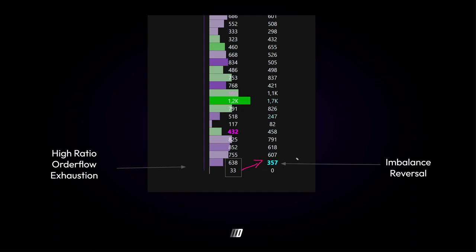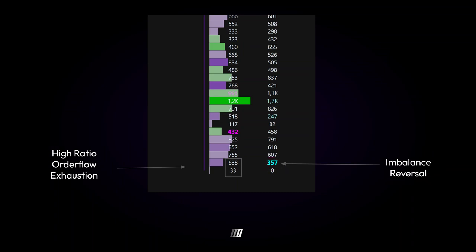This is a clear sign of rejection, of both dry up in sell activity and huge strength from buyers. So you have a high ratio order flow exhaustion and an imbalance reversal, an imbalance on bottom.